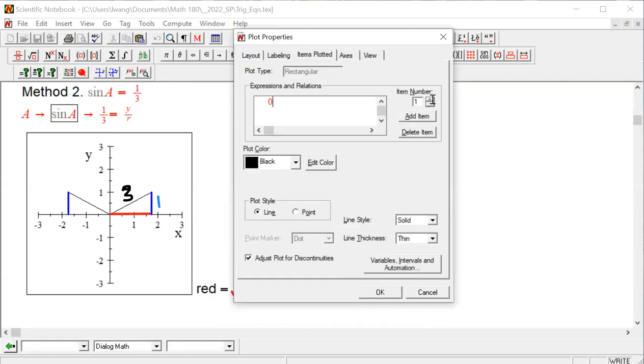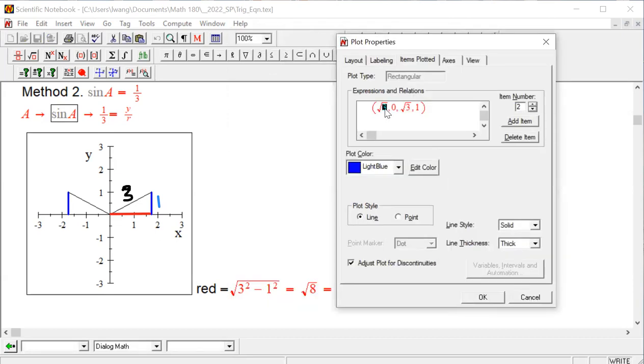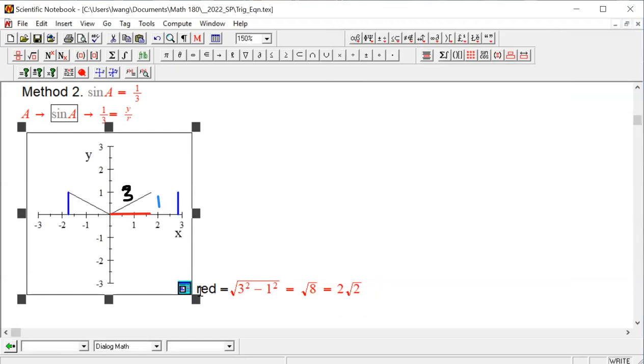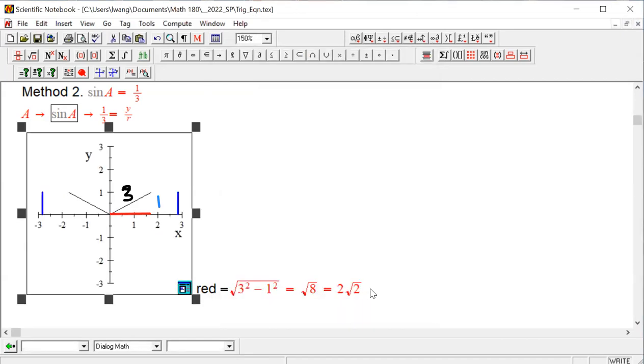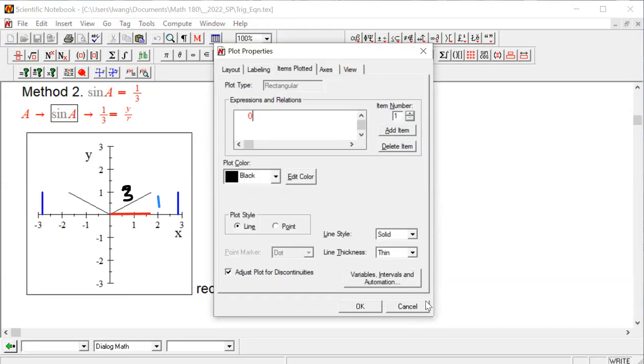So I'm going to do a better job, so there'll be no complaints. Square root of 8. And that's the blue. And the next one, square root of 8. Hold on, allow me.